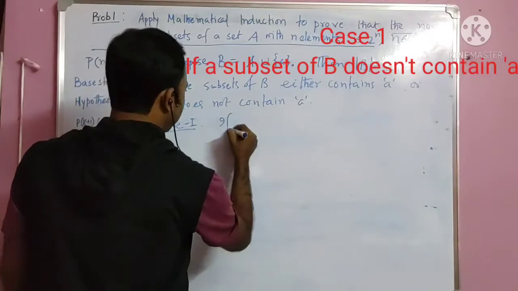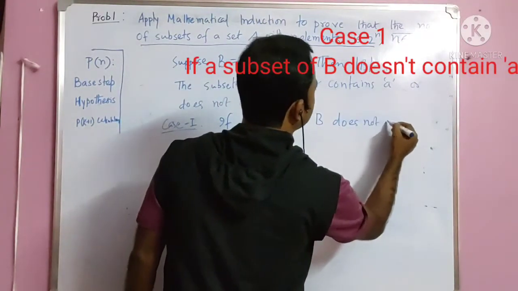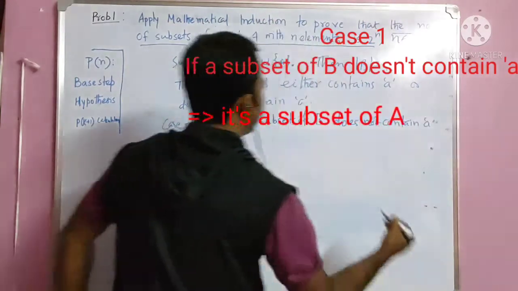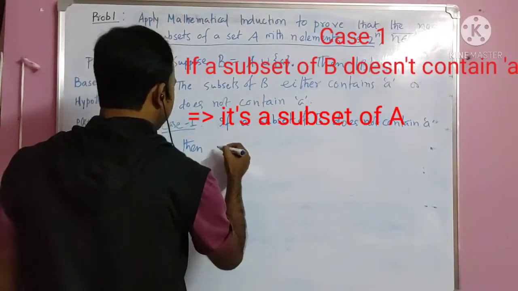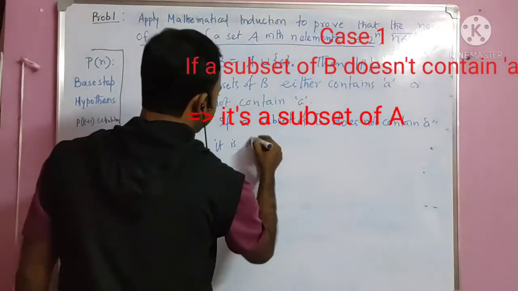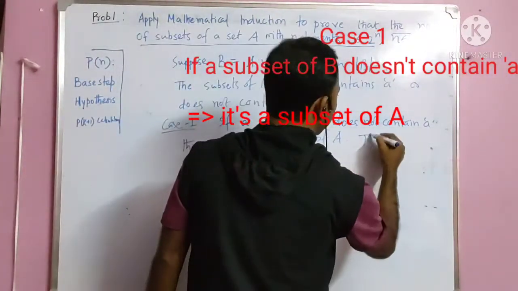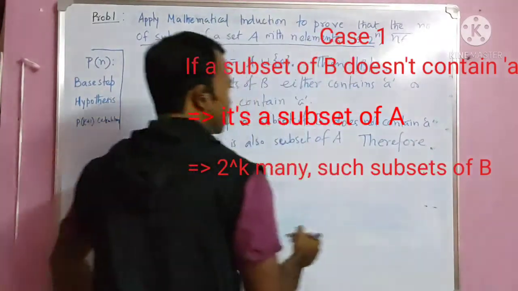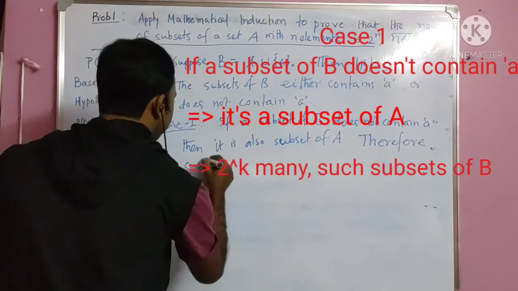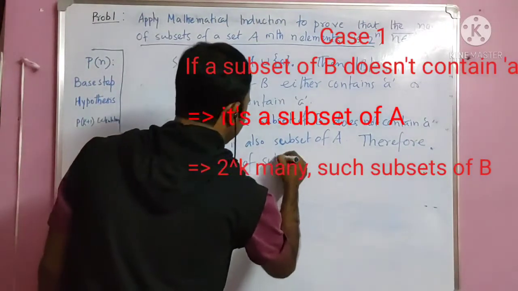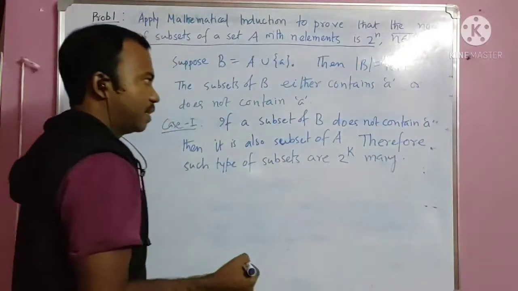Case 1: if a subset of B does not contain the extra element, then it is also a subset of A. Therefore all the subsets of B that do not contain it are also subsets of A. Such subsets are 2 to the power k many, because A has 2 to the power k subsets.